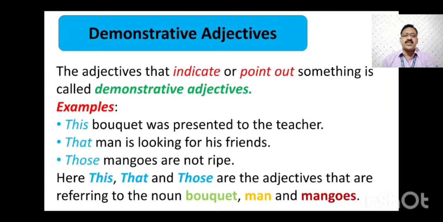So here these, that and those are the adjectives that are referring to the nouns bouquet, man and mangoes. The adjective that points to the noun we are talking about. That's why the adjectives we used before them, like this, that and those, are said to be demonstrative adjectives.